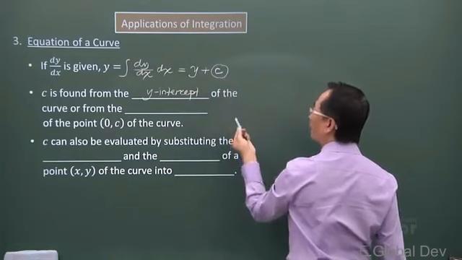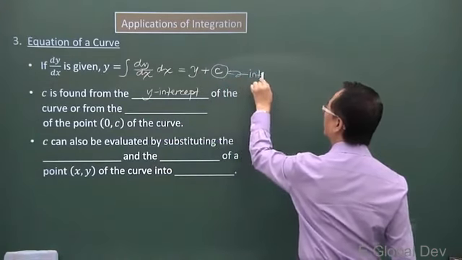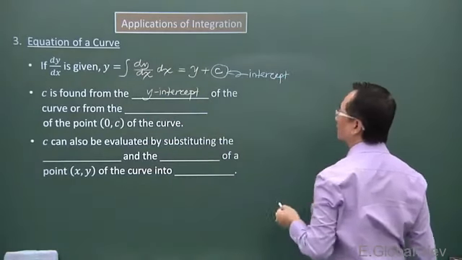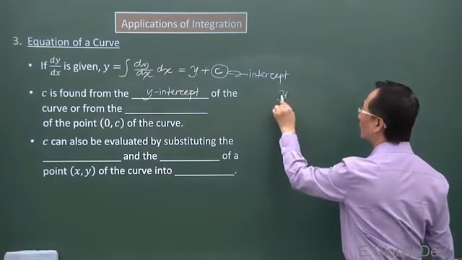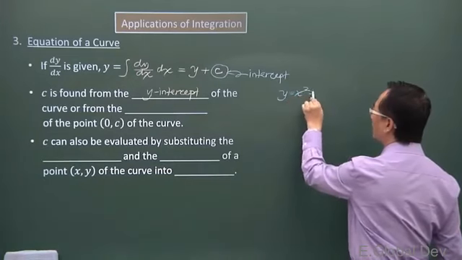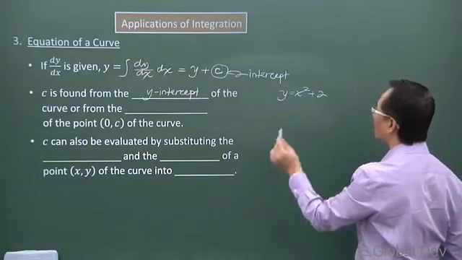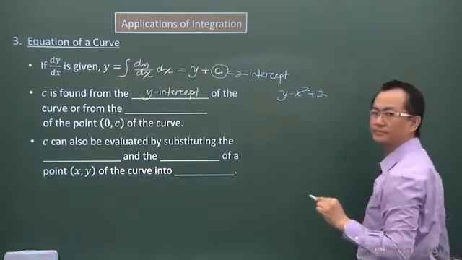This is the y-intercept. So if I give you an example, let's say y equals x squared plus 2, then 2 is the y-intercept.